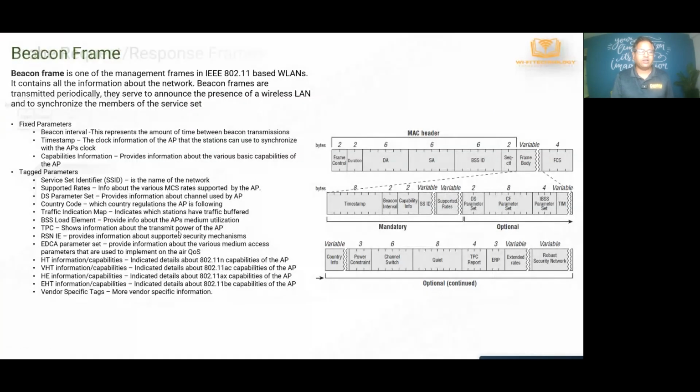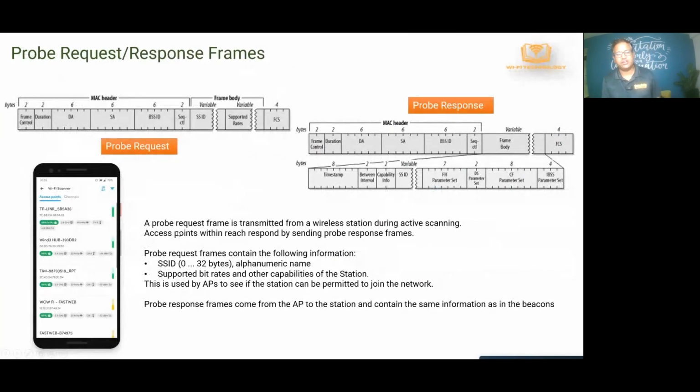Now there are a number of other frames, we have this concept of probe request and probe response frames and so on. Again, this is part of the association. In the last session, we talked about active scanning and passive scanning. So the probe request and response frames are a part of the connection process. Again, if you see a probe request frame, all the MAC header is the same. MAC address is the same as all frames: frame control, duration, address fields, and so on.